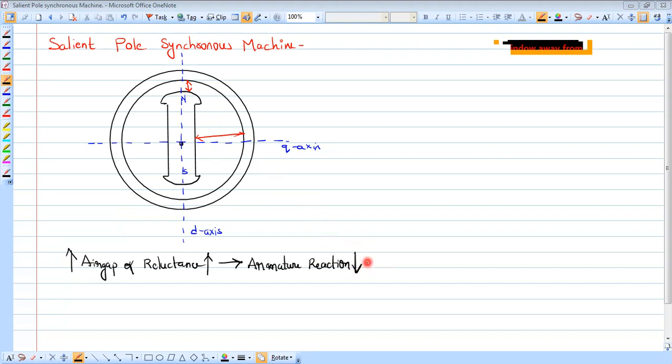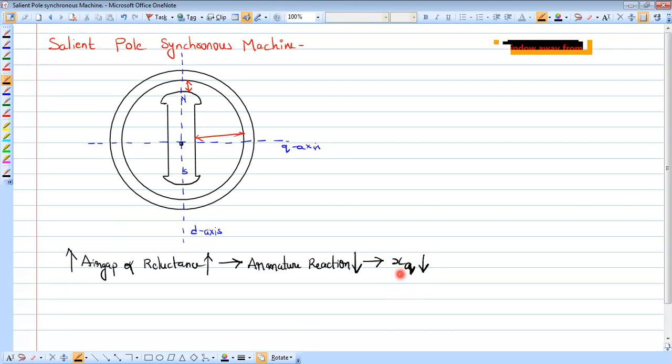So armature reaction decreases. Due to the decrease in the armature reaction, what happens to XA, the armature reaction reactance we considered in case of cylindrical rotor machine? Here I am writing this XA as XAQ, and this will be smaller.